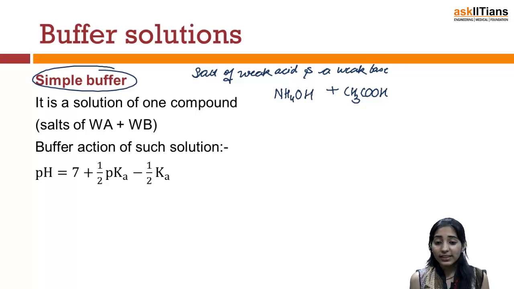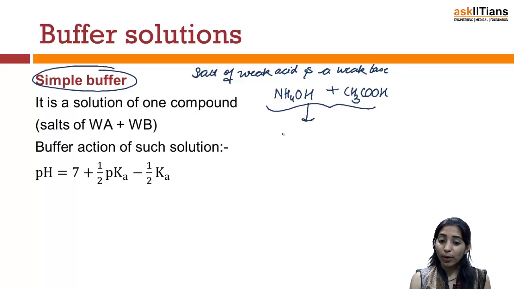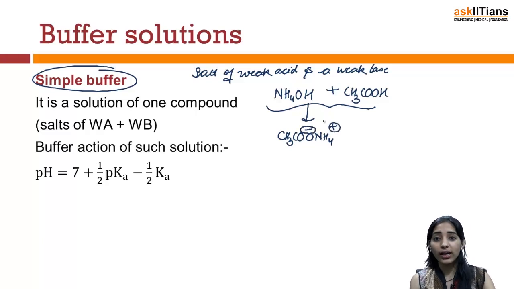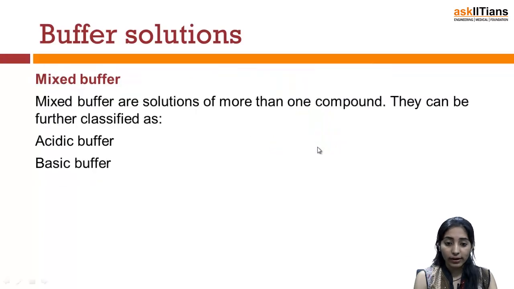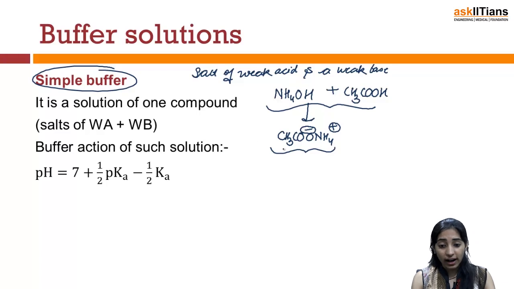When I mix these two solutions, the salt you obtain is CH3COONH4. In this case, both the acetate ion and the ammonium ion, which are components of the salt, will undergo hydrolysis, and the pH of the solution will be such that even if you add a small amount of acid or a small amount of base, the pH of the solution will not be altered.